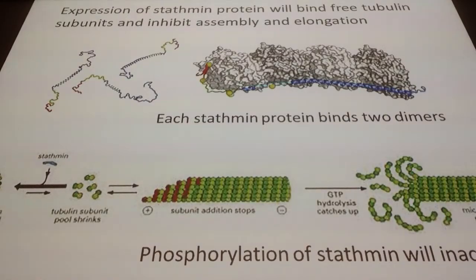So the idea is the fight is basically between the kinase and phosphatase that would regulate stathmin, right? If the phosphatase wins out, then stathmin would be unphosphorylated and therefore no polymerization. If the kinase wins out, then stathmin would be phosphorylated and then you have polymerization.